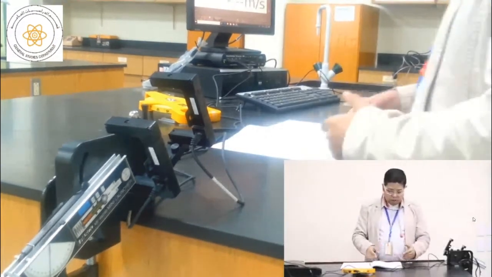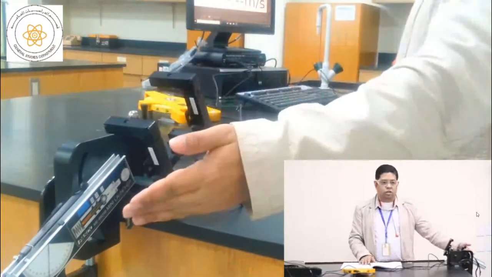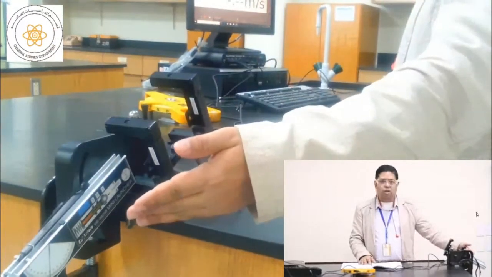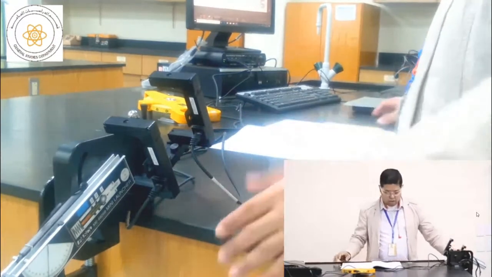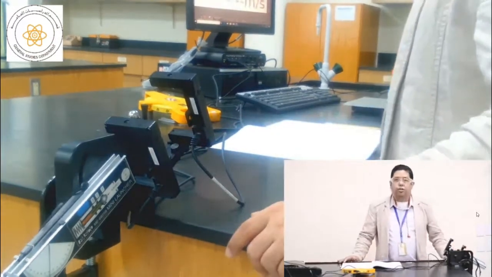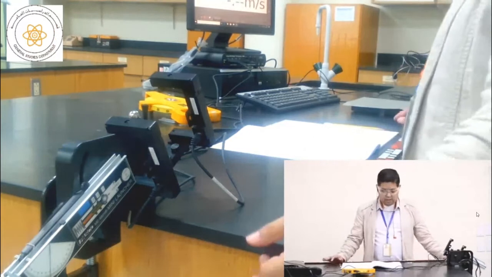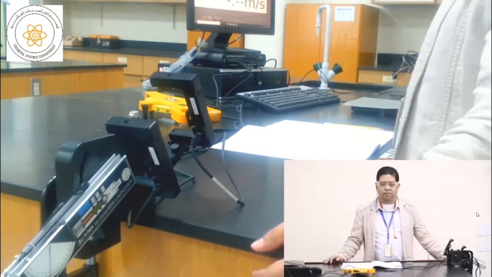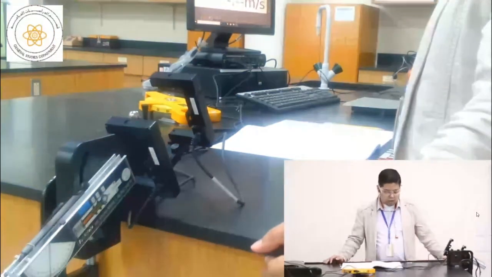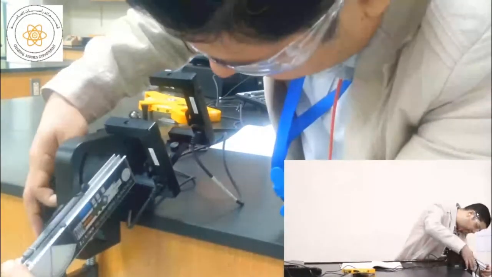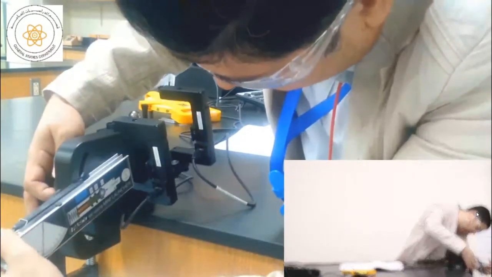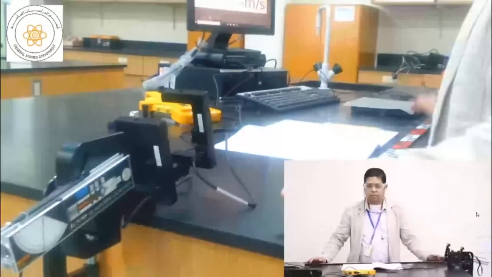Next, you want to set your projectile launcher at a specific launching angle. In this case, we are going to do 15, 30, 45, 60, and 75 degrees. Set your launching angle at 15 degrees. You see, that's how the angle is adjusted, okay?